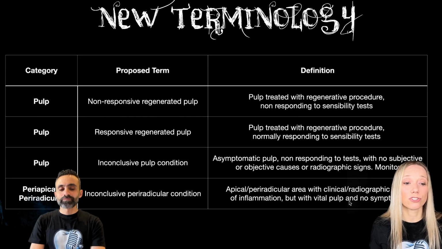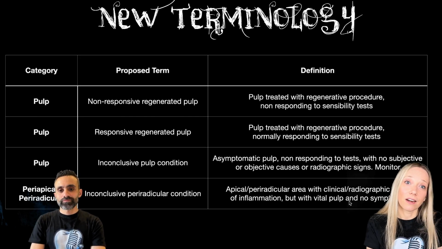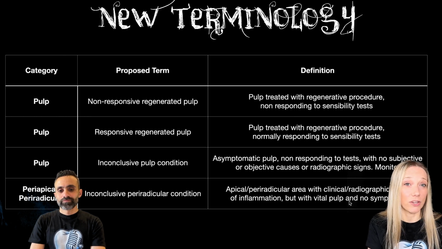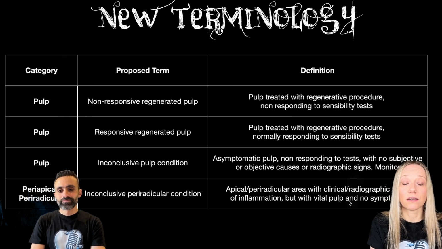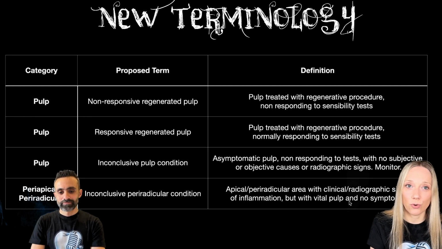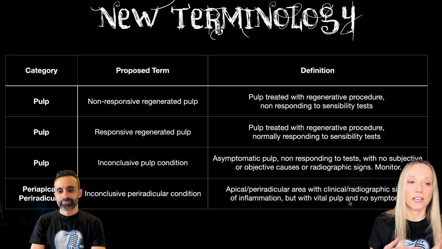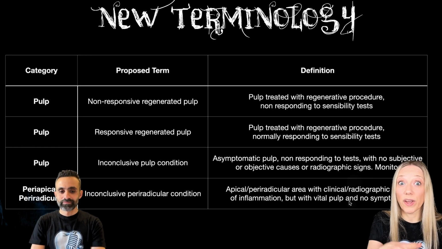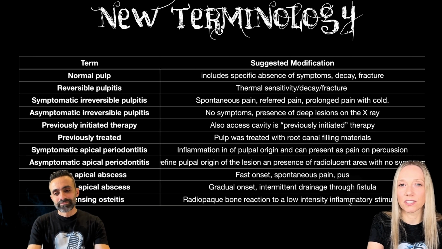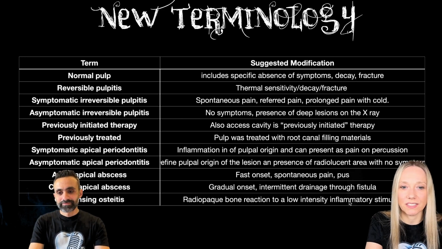And then we have also an inconclusive periradicular condition where there are signs of inflammation in the x-ray, but still the pulp is vital according to our sensibility test and there are no symptoms. So these are cases in which we just wait and see, because seriously there is no indication for root canal treatment in these cases.